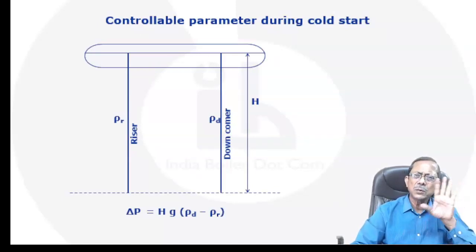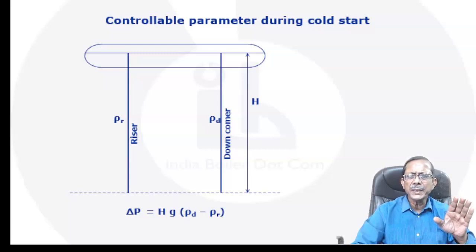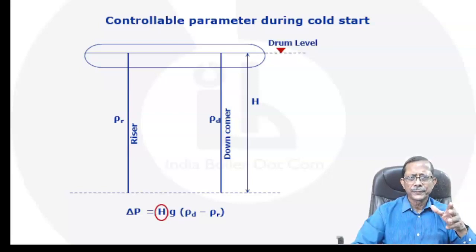So let us take a look again at the circuit and that particular equation of delta P. Now this delta P is getting affected by the delta rho, that is the density difference, but it is also a factor of this H, right? That means we are talking about the drum level. Now that tells you why the drum level is so very important.